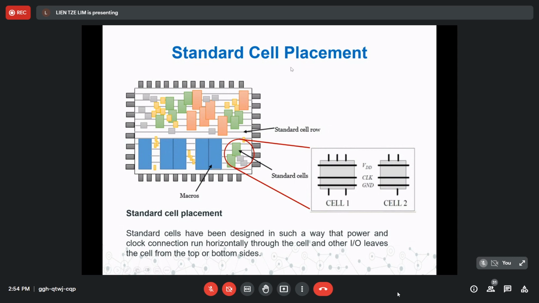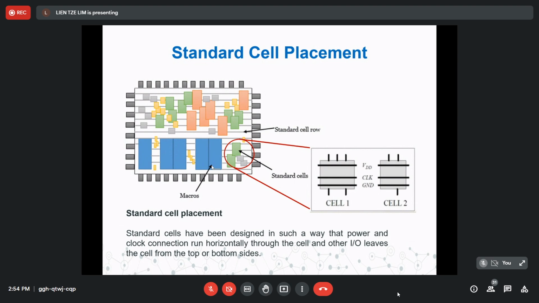Okay, this is a standard cells placement. This is a floor plan with the input output pins, and in the core here there are macros and also standard cells. Standard cells occupy a smaller area than the macros.